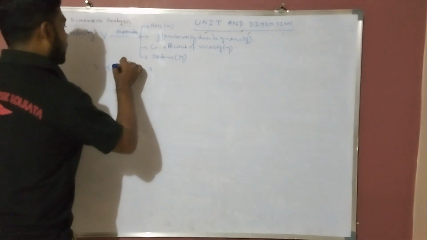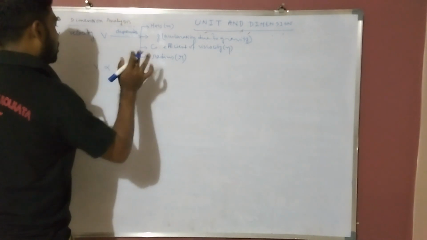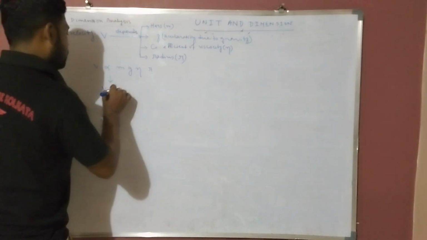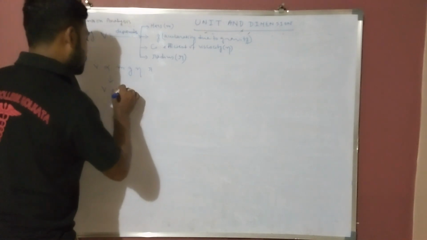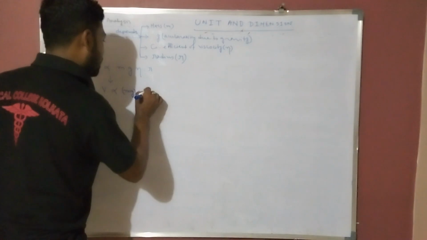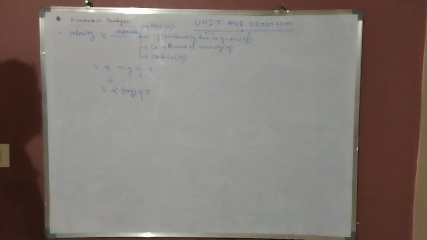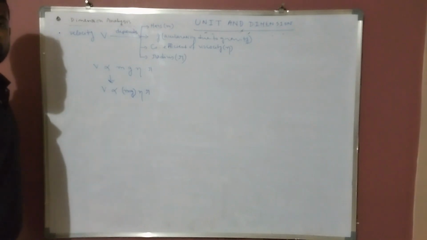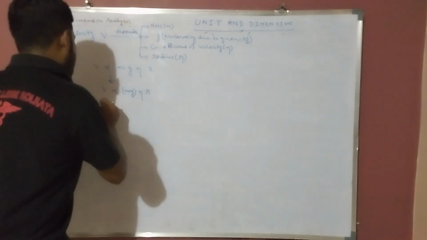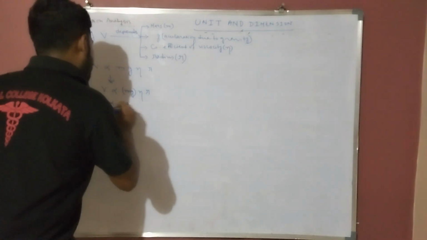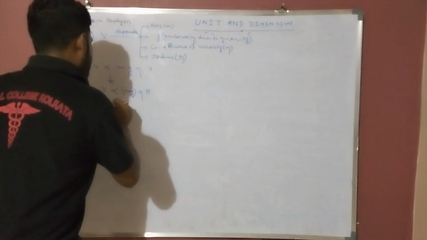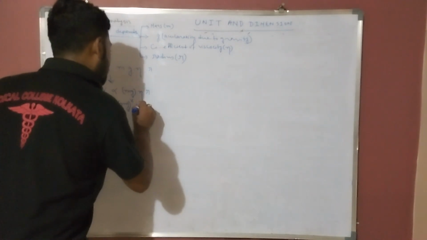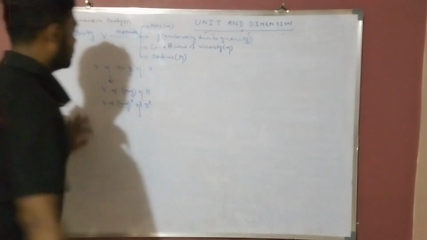One minute. We can write v proportional to mg eta r. Understood? So now let v be proportional to mg to the power x, eta to the power y, r to the power z.